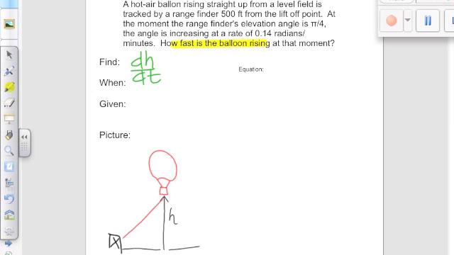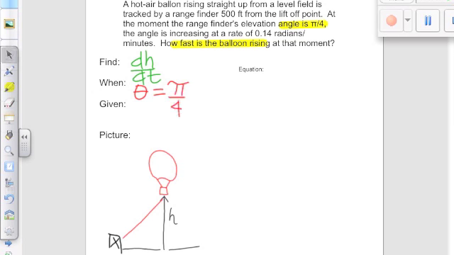When, right? So if I look for when it's rising, it says, well, at the moment the elevation angle is pi over 4, and the angle is increasing at this rate. So my when is the actual angle pi over 4. Okay. So I'm looking at when theta is equal to pi over 4.